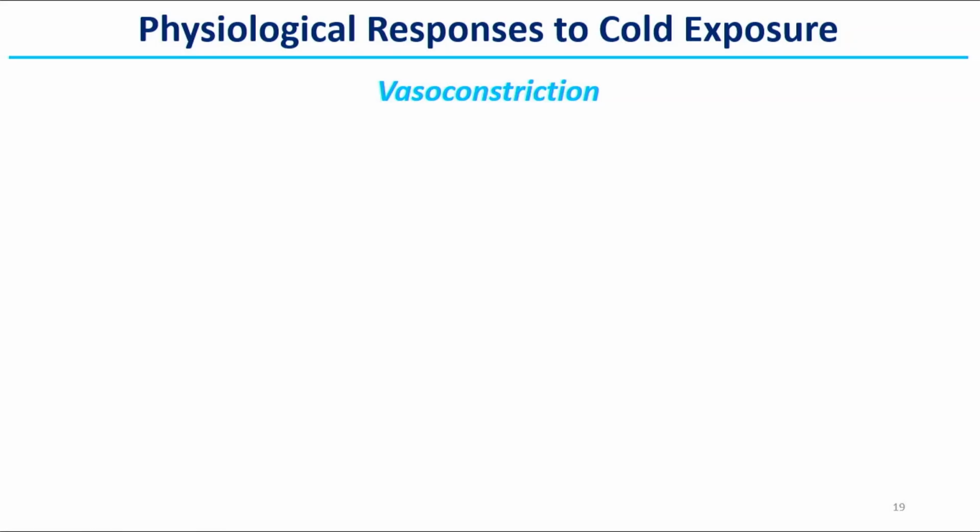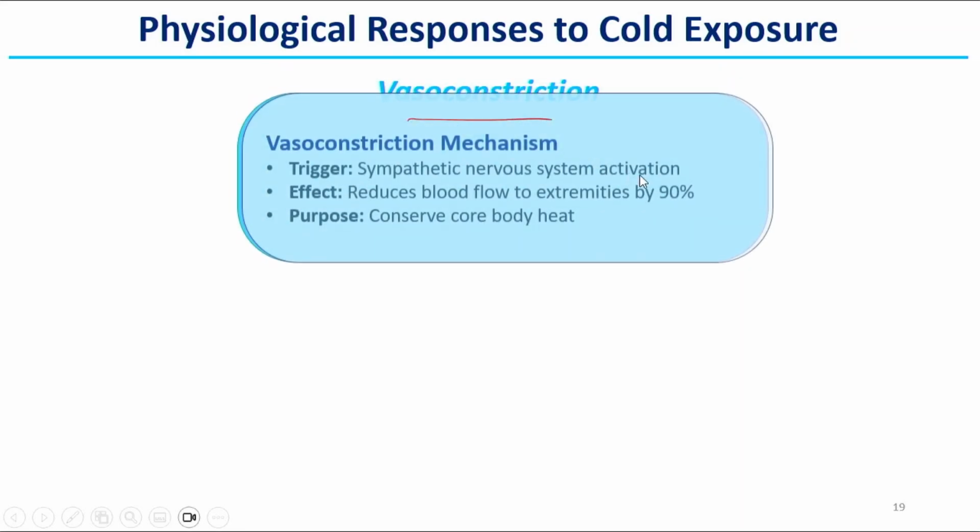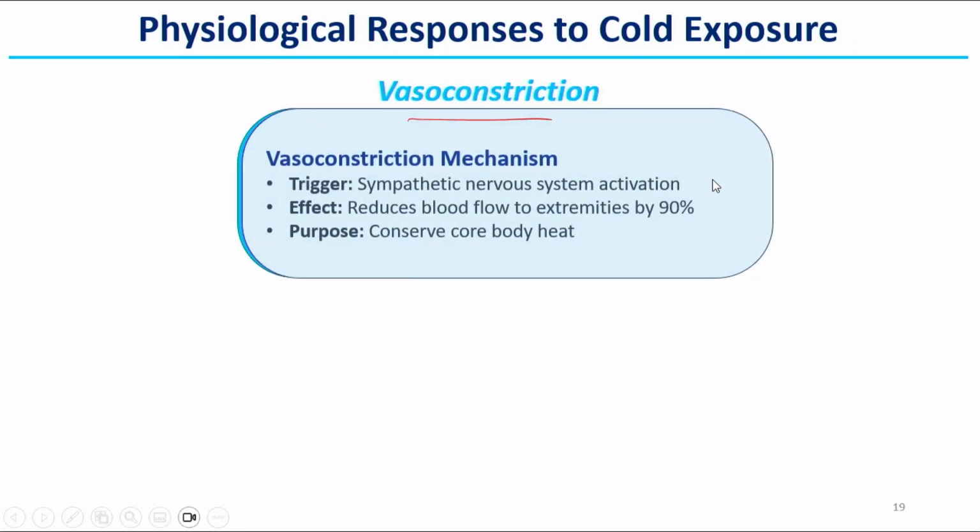Now, in the extreme cold condition, the physiological response, as I mentioned, is vasoconstriction. Vasoconstriction is the actual situation which triggers the sympathetic nervous system activation and reduces the blood flow to the extremities by 90%.